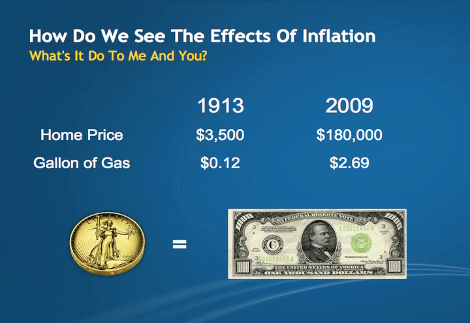And if you go through and look at commodities that you could buy back then for $20, and today for $1,000, you'll find that almost across the board it'll cost you about $1,000 for what you could have bought back in 1913 for $20.